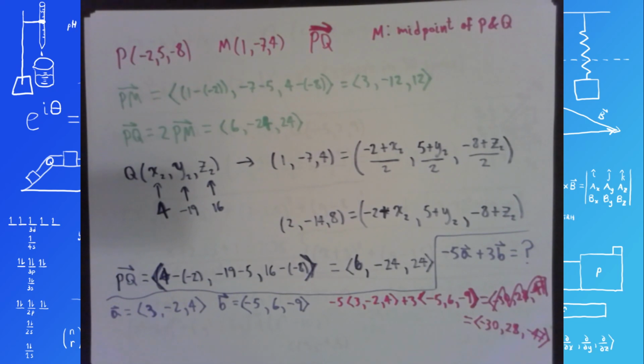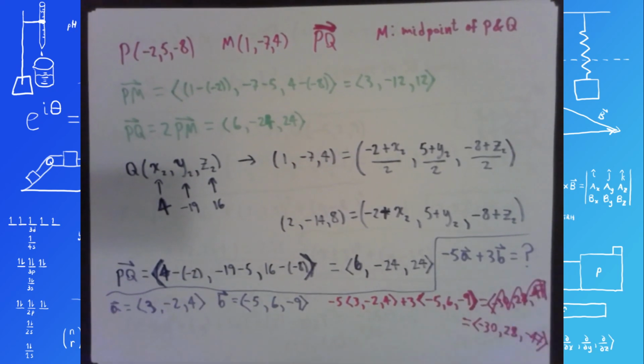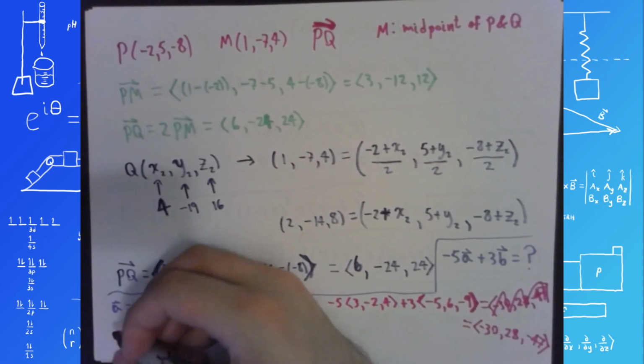Okay, that's one of them. And then the other one isn't going to be too bad. I'm actually just going to do half of it and leave the other half to you. The only reason I'm including it is because they've written A and B in terms of standard basis vectors, or standard unit vectors.